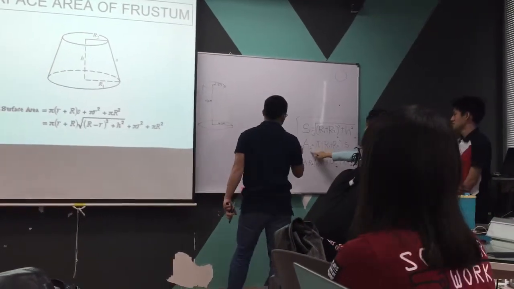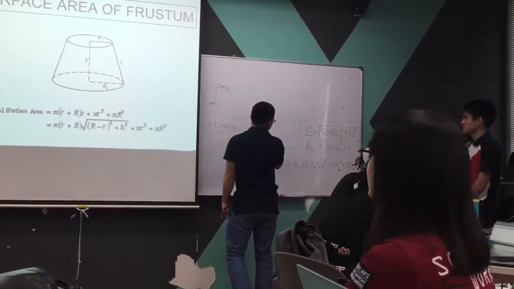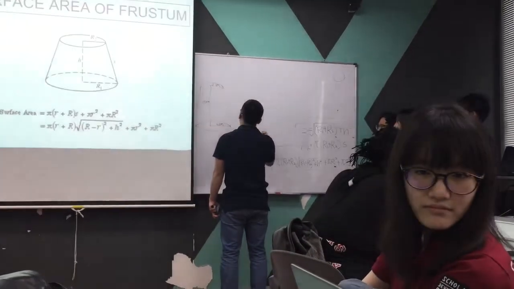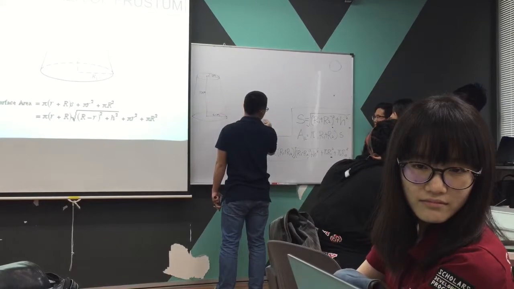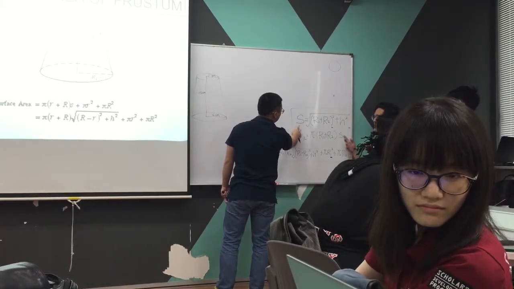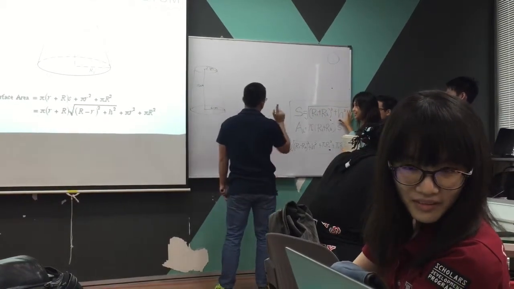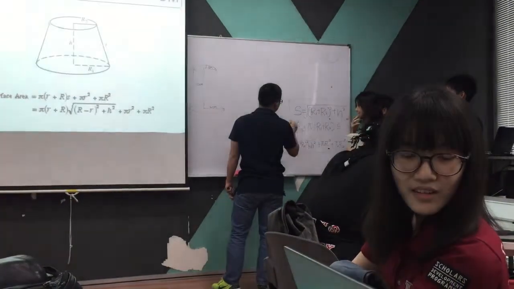Okay. This is the area of the lateral surface area. This question is, yeah, 5, 8. Okay, this is the length of the slanted line. I got it.